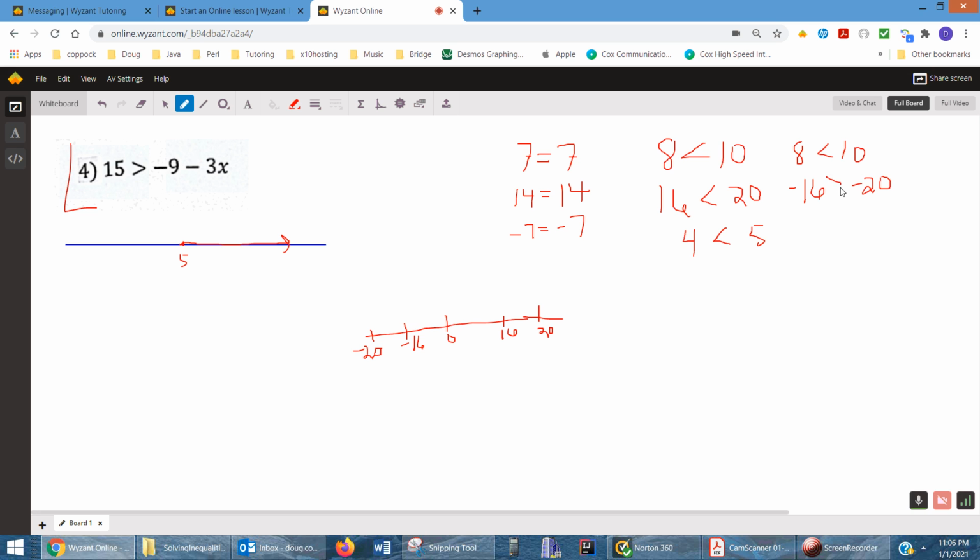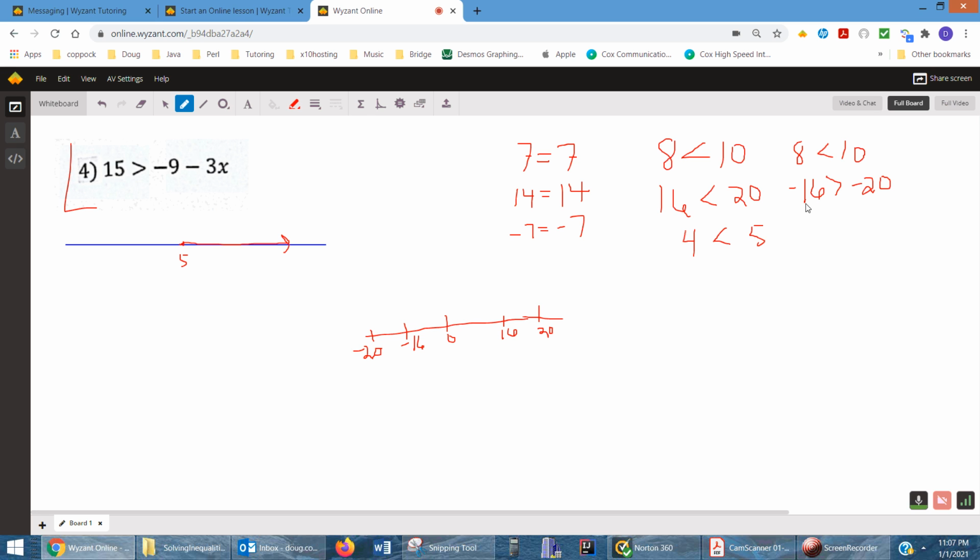And that's what's different between solving a linear equation and a linear inequality. If you divide both sides by a negative number or multiply both sides by a negative number, the arrow has to change direction, or we say the order of the numbers is now the opposite of what it used to be.